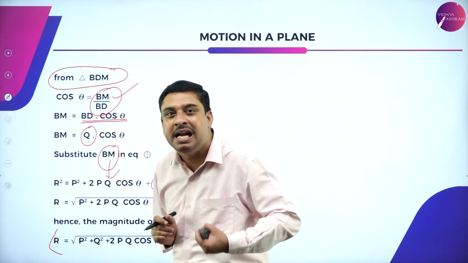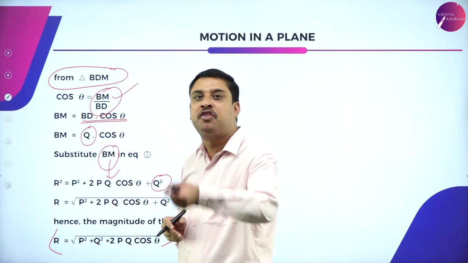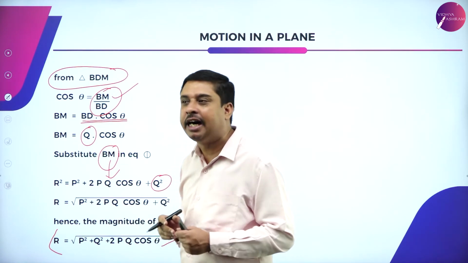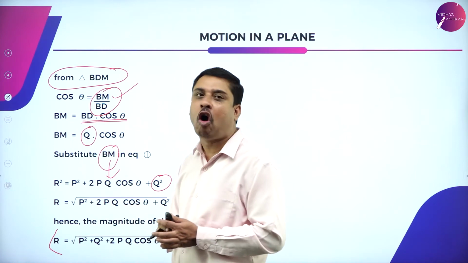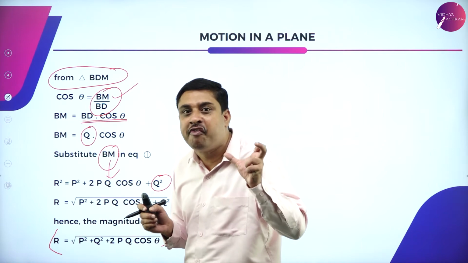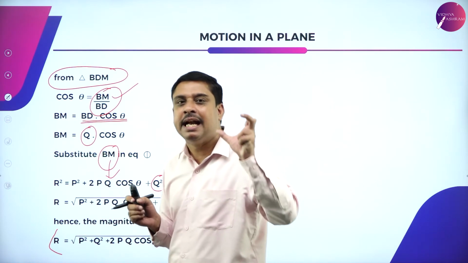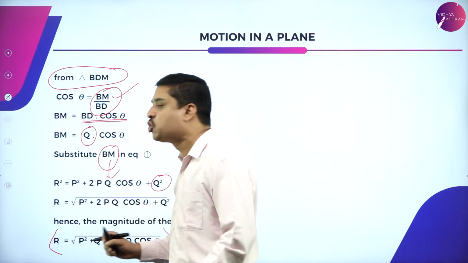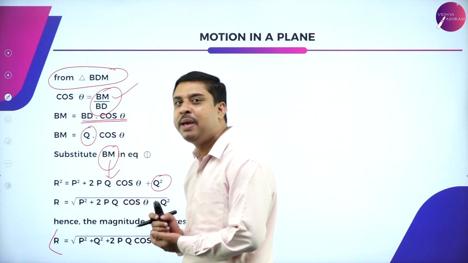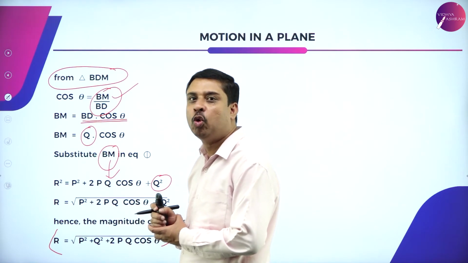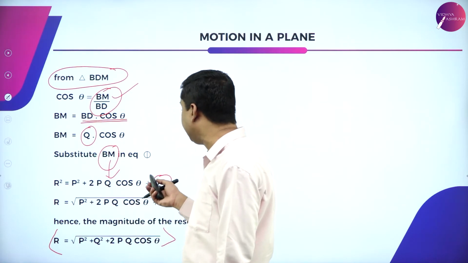So the resultant of the two forces is measured in terms of cos theta. So always remember, two forces acting at a common point, their resultant will be root P square plus Q square plus 2PQ cos theta.